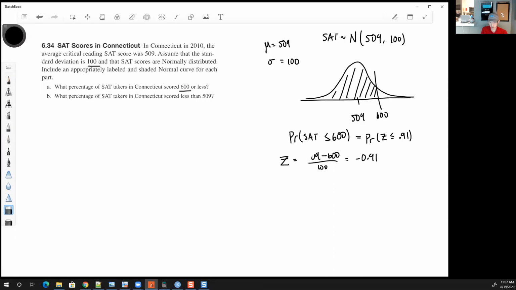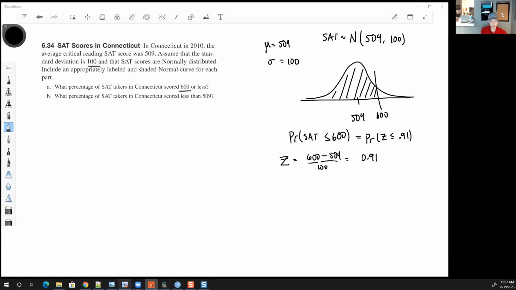Apologize. It's your number minus the mean, not the other way around. 600 minus 509, and this is going to be positive 0.91. My apologies. Okay, so what is the probability that z is less than positive 0.91?